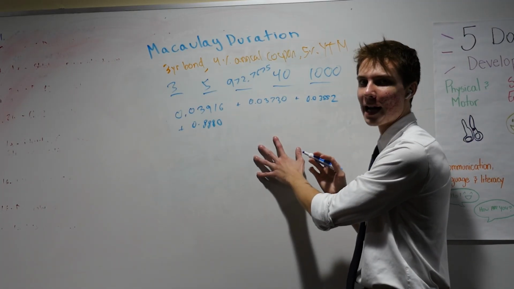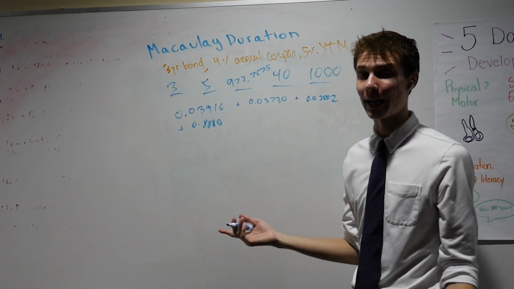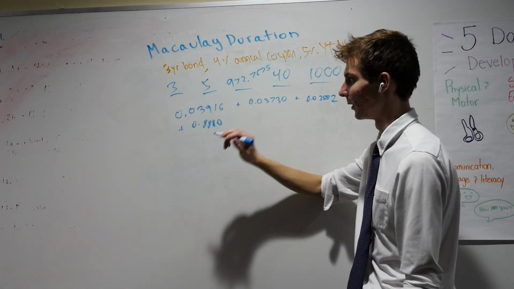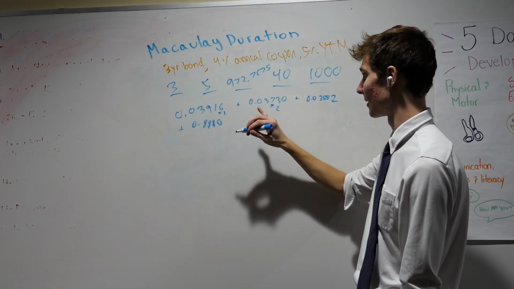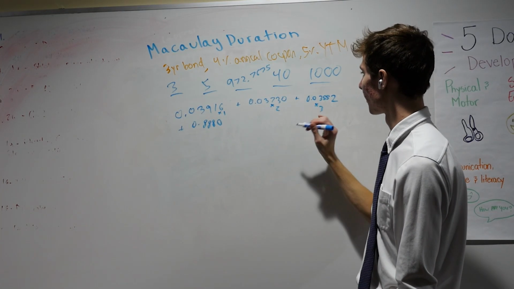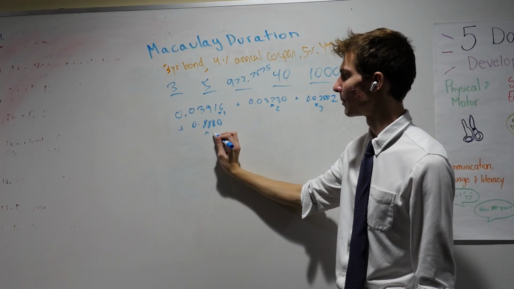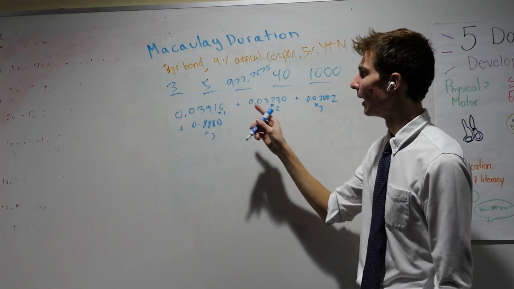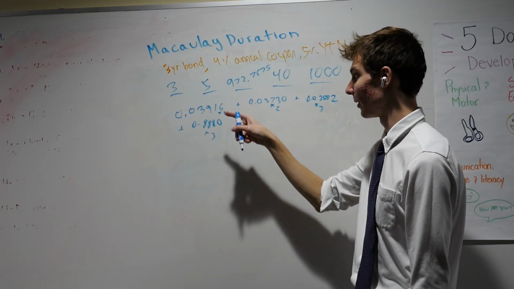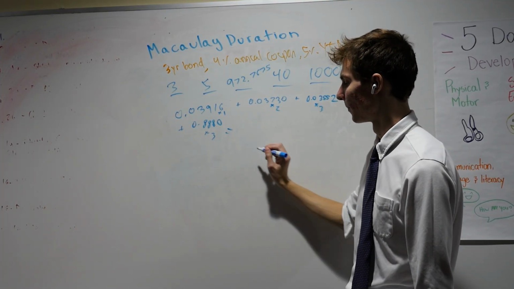If you add all these up right now, you're going to get 1, and you have to time weight it. And that's the whole point of the Macaulay duration. So what you do is times 1 for the first one, times 2 for the second one, this is second year, times 3 for the third one, third year, and then times 3 for the last one where you get the bond at maturity. And then once you multiply these, you have to add them all up, the sum.